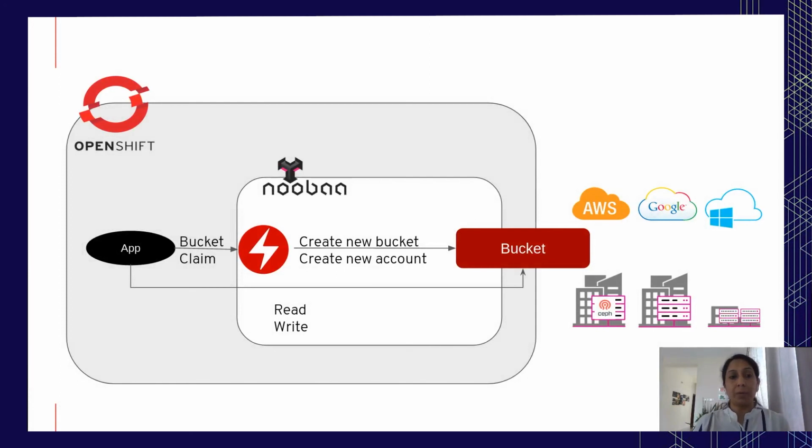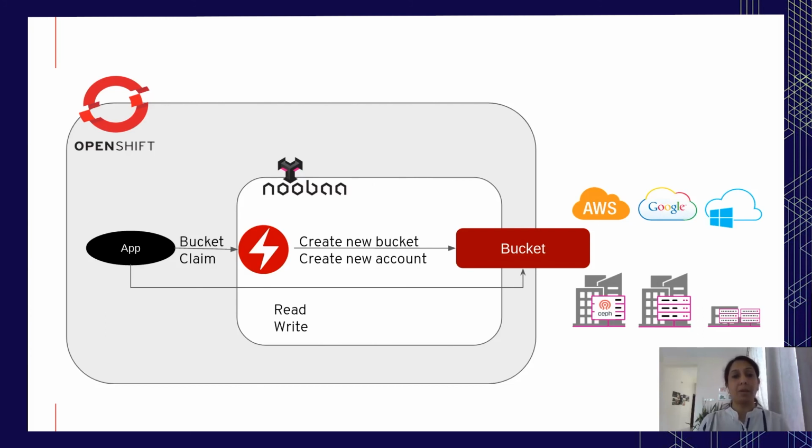Nuba supports the bucket claim that is now available in Kubernetes. A bucket claim is very similar to a persistent volume claim. When a user requests a bucket claim, Nuba creates a new bucket and a new account accordingly.